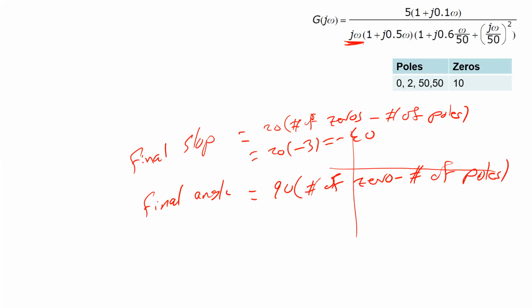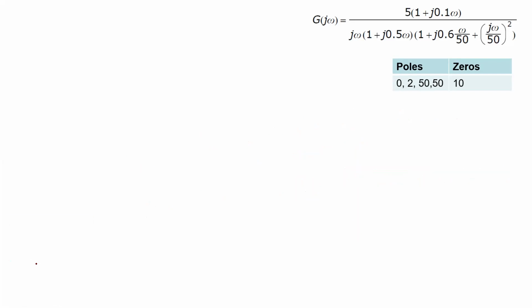You should start at a slope of minus 20 and end at minus 60. The angle starts at minus 90 and ends at minus 270. Then start filling the gap, so at least you know what the target is.